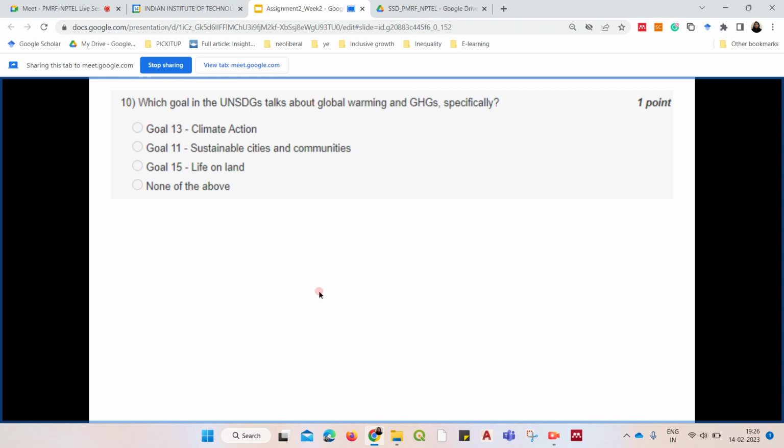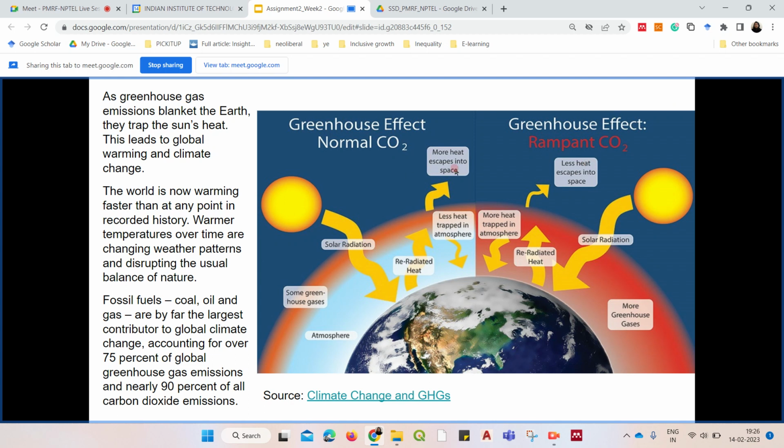So climate action is something which is highly linked to greenhouse gases and the greenhouse effect. This shows you how greenhouse gases and their emission is linked to climate change. As you know, normally we have CO2 in our atmosphere, and we have the sun, and solar radiation from the sun travels to our environment and reaches the earth.